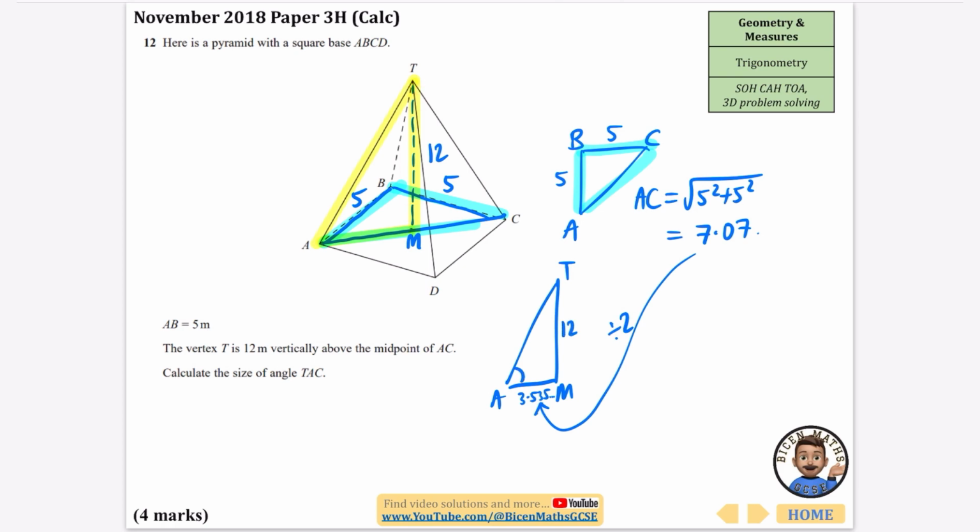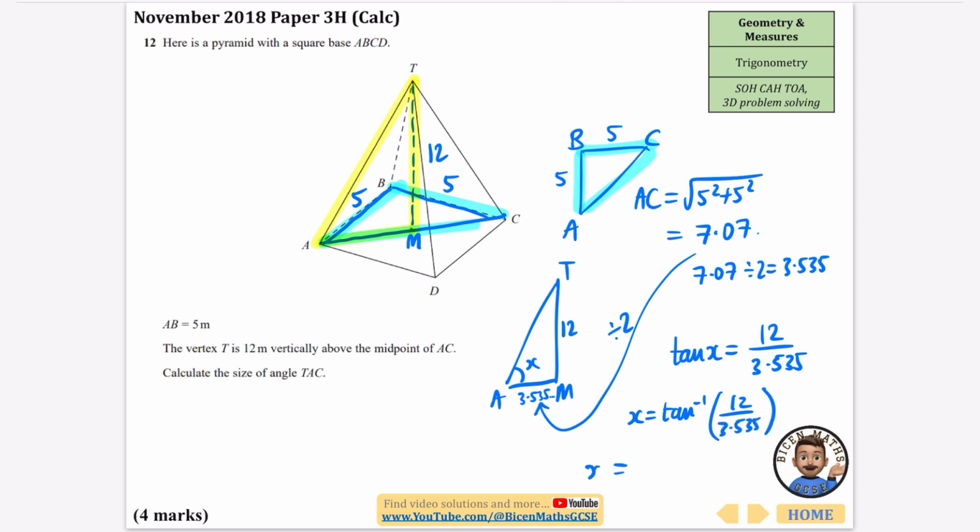So if I'm going to find out what this angle here is, which is x, I know that tan x is equal to the opposite over the adjacent, which is my 3.53. I guess I could show over here 7.07 divided by 2 is my 3.535. So x is the inverse tan of 12 over 3.535.